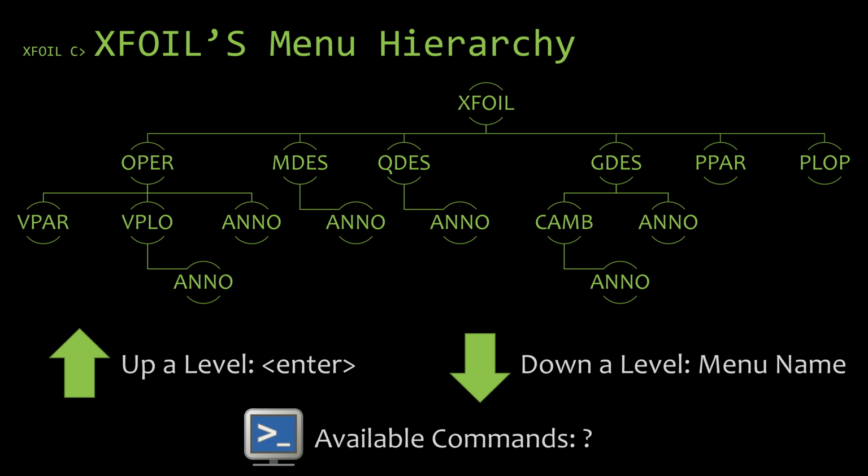As mentioned in a previous video, Xfoil is arranged into a hierarchy of menus. Now, these menus are nothing more than an organizational method to group together similar commands, or scripts, or code, or method, whatever you want to call them. The menus are just an organizational method to group together similar commands based on the task that you're trying to perform on the airfoil.